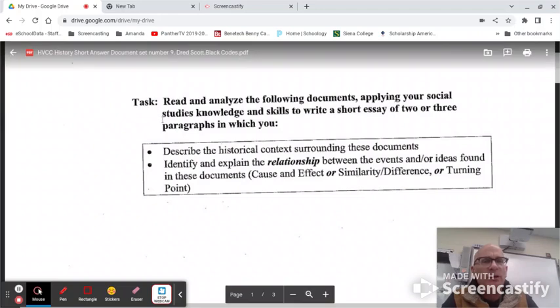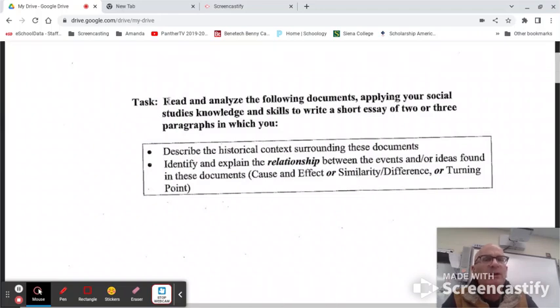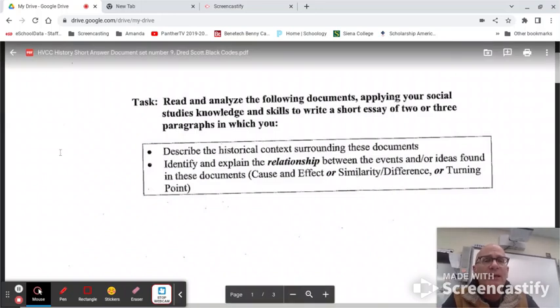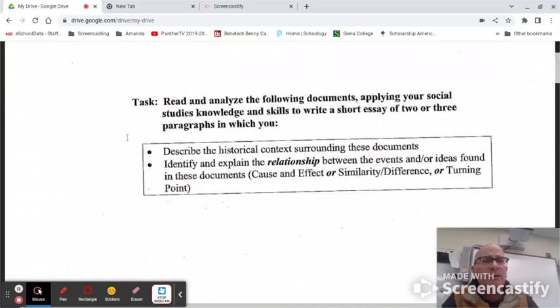Also, not spoken here in the instructions, but included in the rubric. Important point. You might want to jot this down or make a mental note or pause and just write this down as I'm commenting here. Not included in the task for this document set, but always, always, always going to be included in the scoring rubric is that you need to provide relevant outside information.